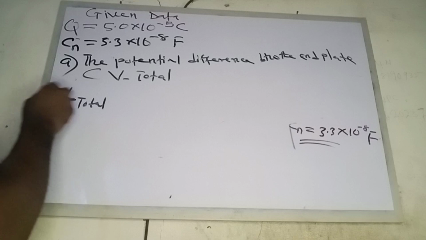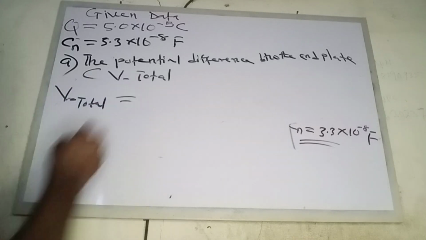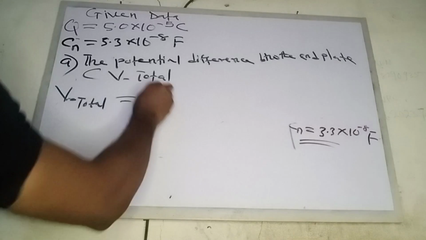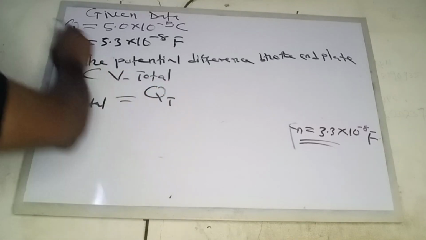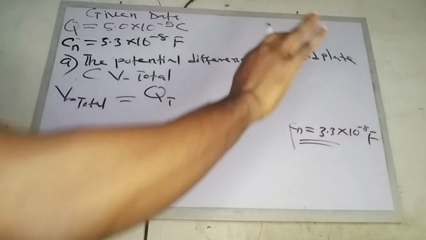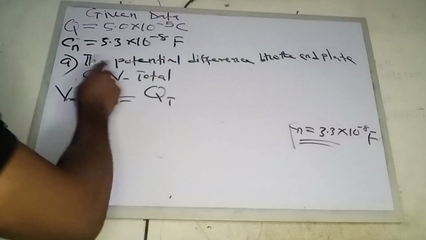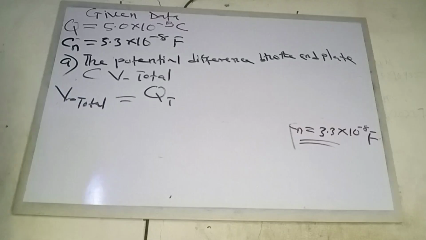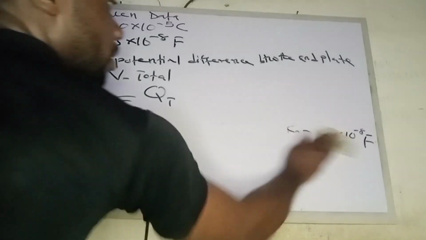our total potential difference will therefore equal our total charge, because the charge is the charge that flows all through, divided by the combination of the three capacitors.